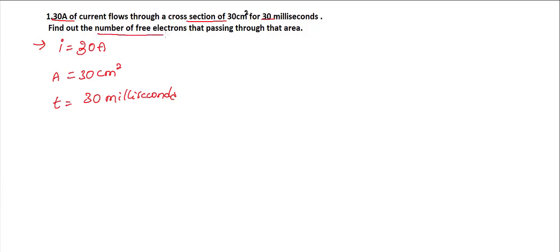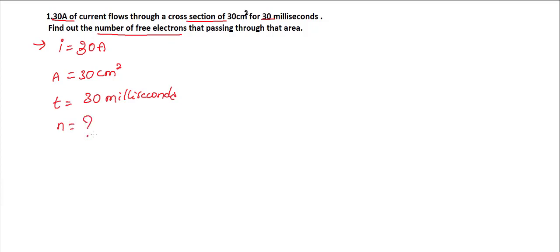They have given 30 amps of current, so write down I is equal to 30 amps, a cross-sectional area of 30 centimeter square, and time 30 milliseconds. They ask you to find the number of free electrons, so n is equal to question mark.